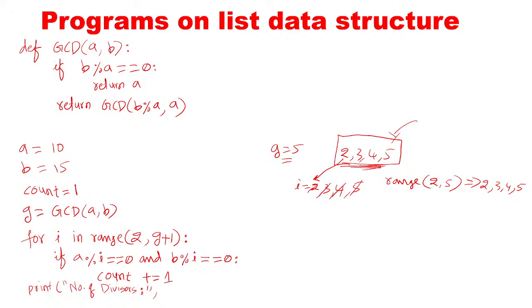We have stored it in a variable called count. If you print the variable count, it prints the number of divisors as 2. That's it. This is your code. GCD is the base for this problem. Any doubts in this?